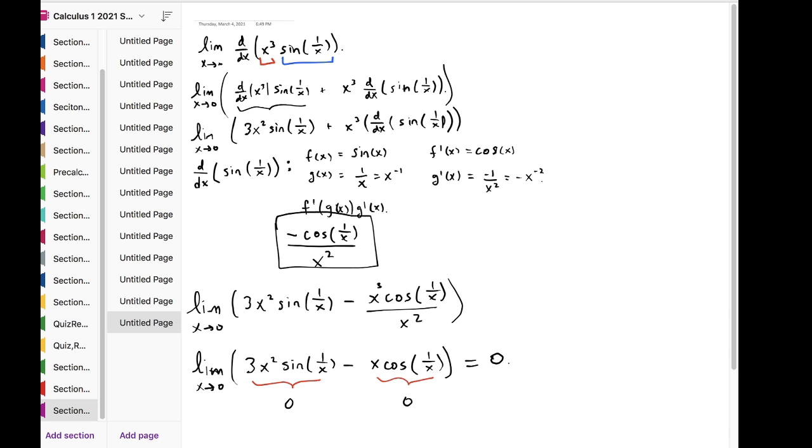Okay, yeah. So here we have x sine of 1 over x. By the squeeze theorem, it's squeezing down to 0. If you zoom in, that's the picture that's going on. This is squeezing to 0. However, the derivative does not squeeze to 0.